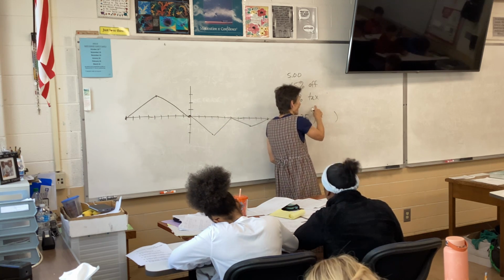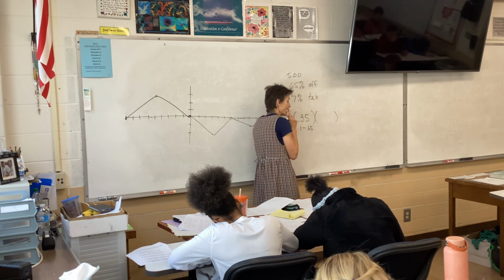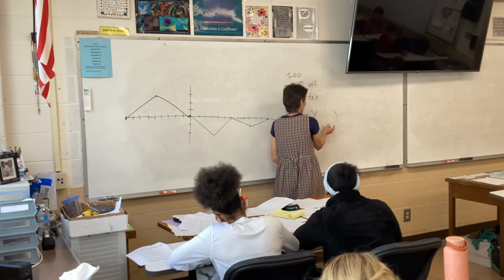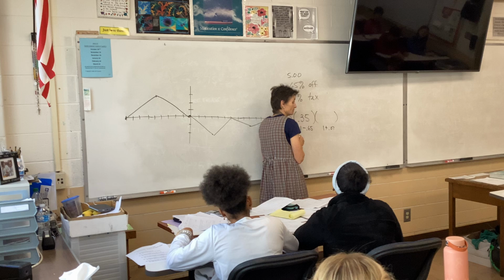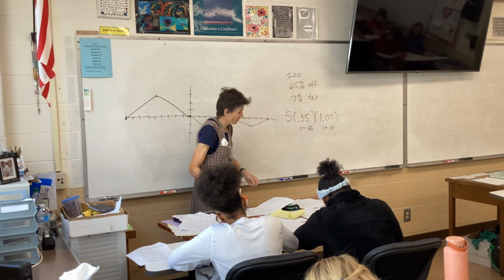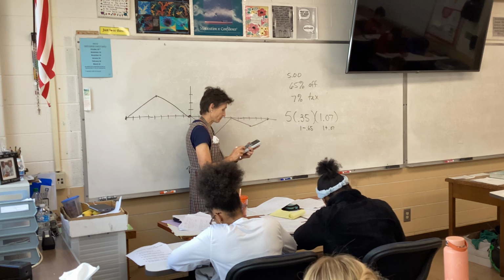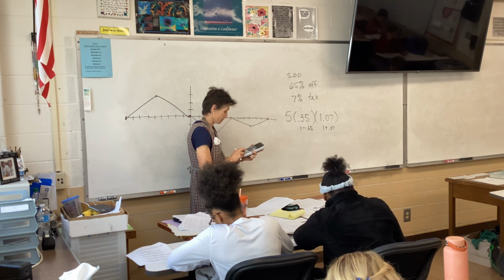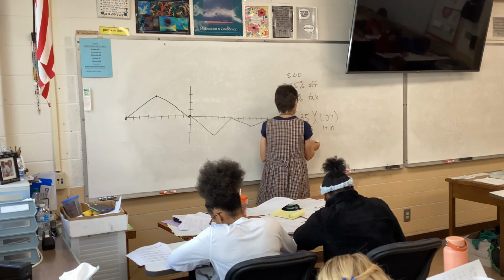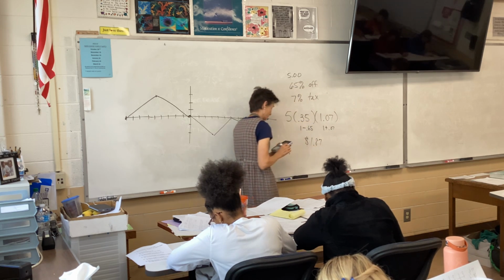Now what about tax? Tax I have to add on, right? So that's going to be 1 plus 0.07, or 1.07. If I type that into my calculator, I will get the right answer. Looks like I'm going to pay $1.87 for that jumper.